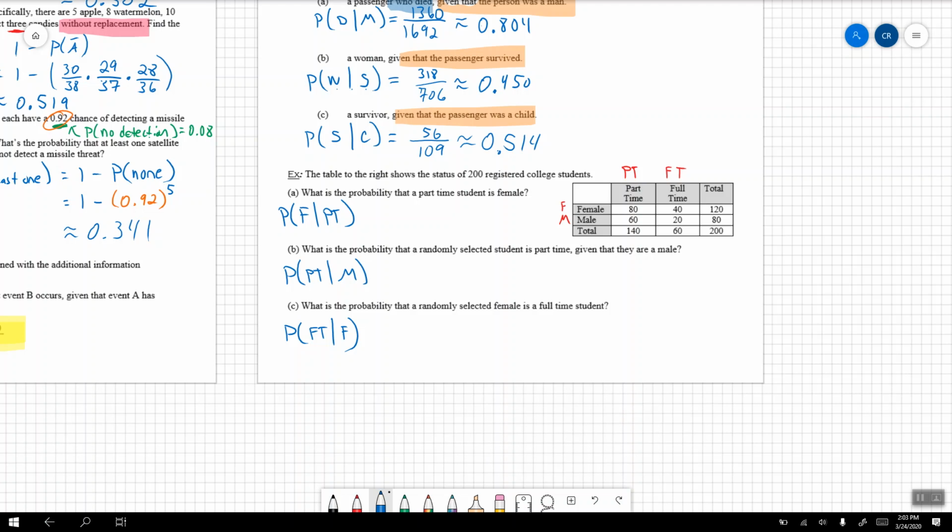So I'm looking for female given that they are part-time. For B, I'm looking for the probability that a part-time student is selected given that they are male. Part C, I'm looking for the probability of selecting a full-time student given that they are female.